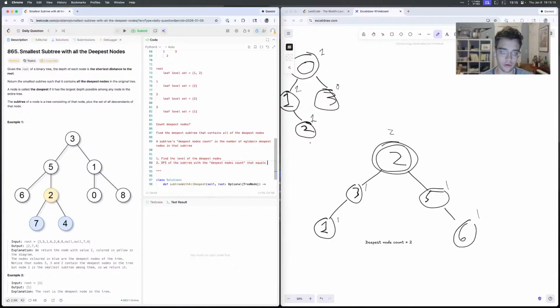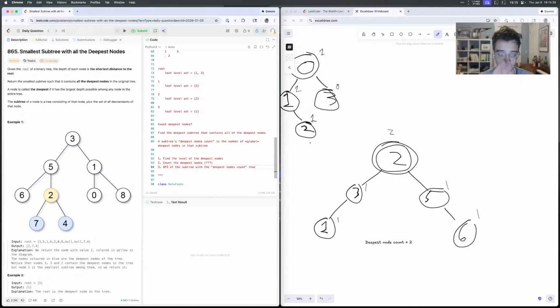I might be able to do this in steps one, two, and three in one step. I'm not sure yet. I'm going to come back to an optimization later, possibly combining these two.